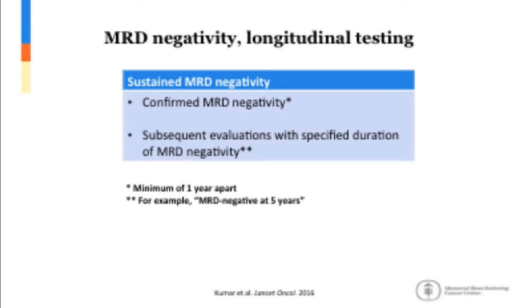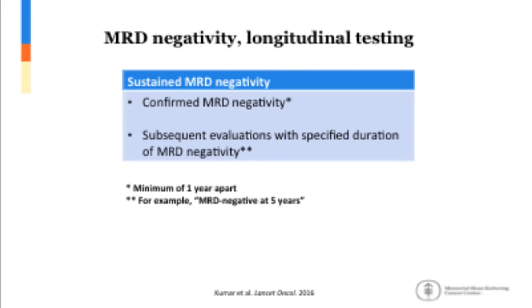And that's defined as you repeat it, and you have to repeat it at least 1 year apart. You can also do it repeatedly beyond that. You can say the patient remains MRD negative, for example, at 5 years. But we don't really know clinically to what degree that impacts the long-term outcome. I would predict, as a doctor seeing a lot of patients that do maintain MRD negative over years, they probably have a much better outcome. But there is less data on that very topic from larger studies.